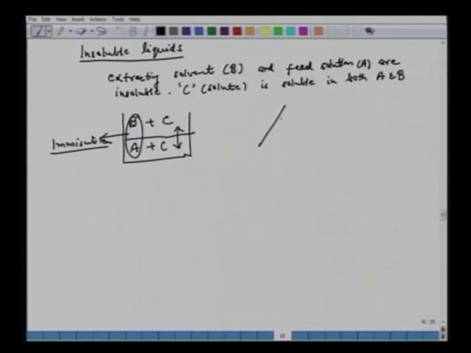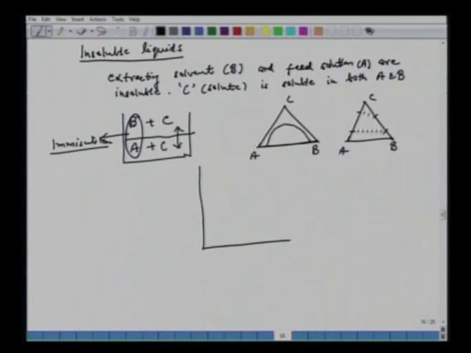Recall that in earlier cases we worked on this triangular graph like ABC, but now we are saying that A and B are insoluble, so you do not have any intersection here. Generally, if this is C and A and B, there will be some phase diagram intersections like this. In other words, this is a much simpler case, and an equilibrium curve like y versus x should be sufficient.